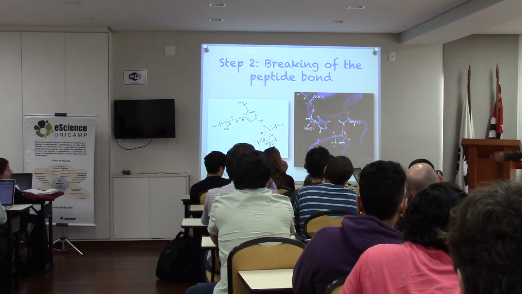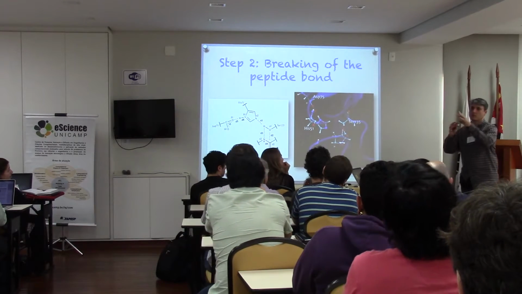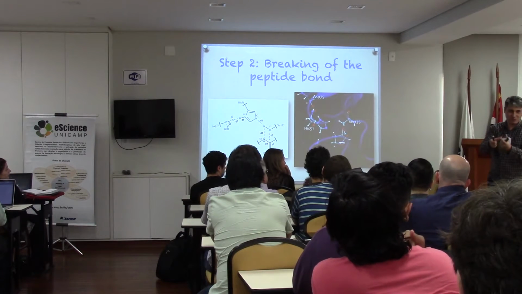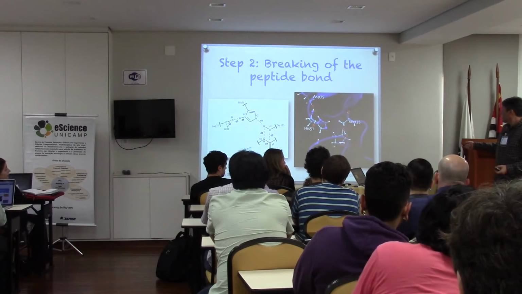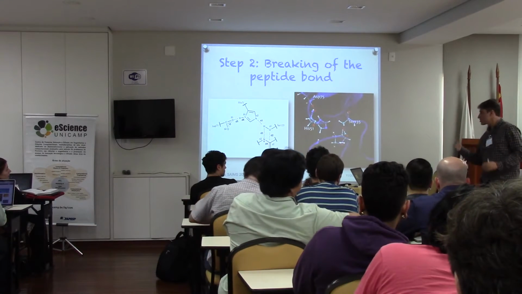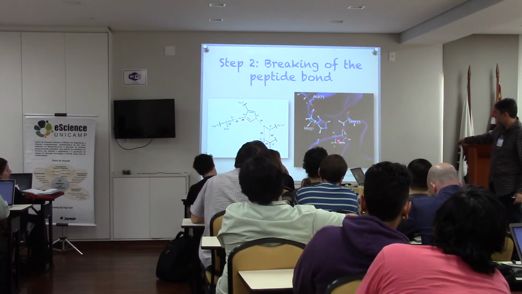When you're choosing the structures to start each simulation, we're looking for one structure from the end of the previous simulations that had the best distance between this hydrogen and this nitrogen. Where's the nitrogen?